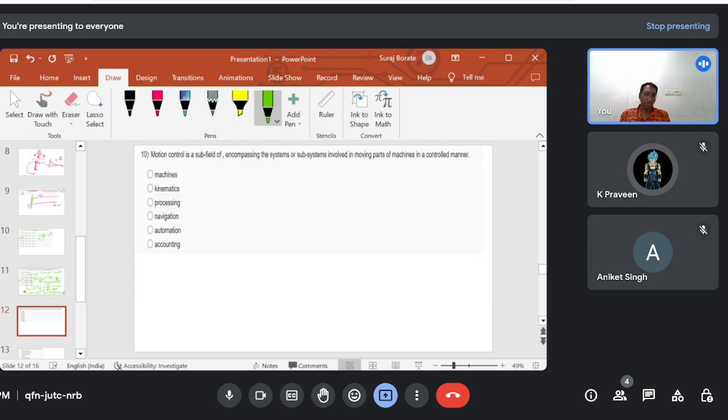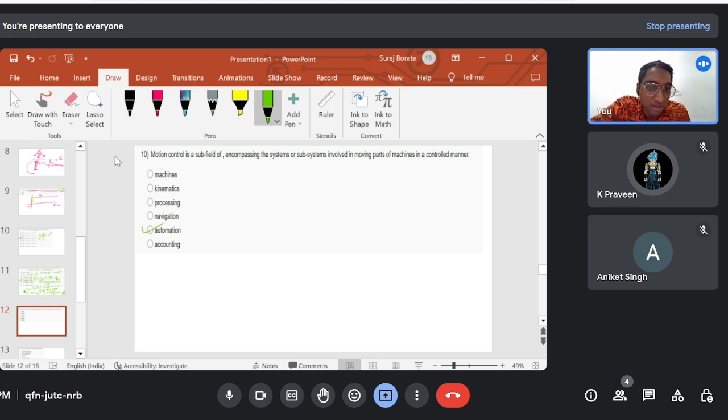Motion control is a subfield encompassing the systems or subsystems involved in moving parts of a machine in a controlled manner. So this is again a theory question. What do you think is the answer? Let's not waste a lot of time.